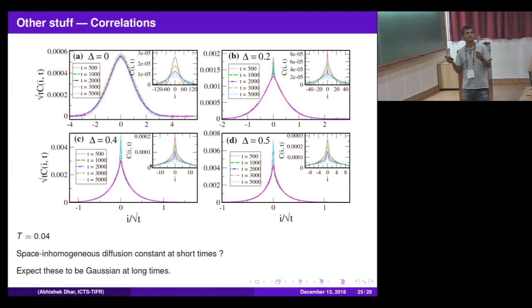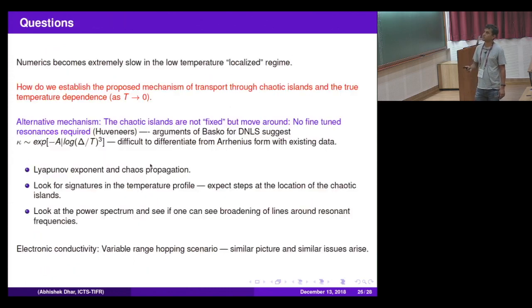One idea where you could get non-Gaussian but diffusive peaks is if you have random diffusion constants at different regions in space, right? Which is probably consistent with the idea of these chaotic islands. But we expect that maybe this should become Gaussian at large times.